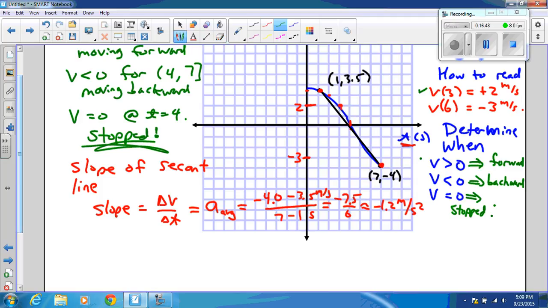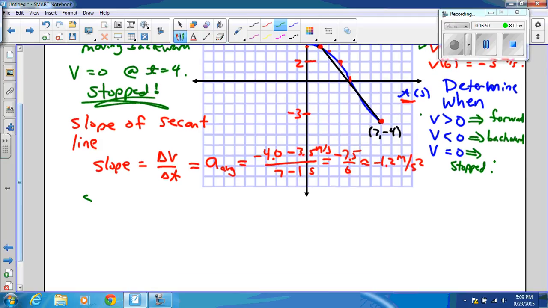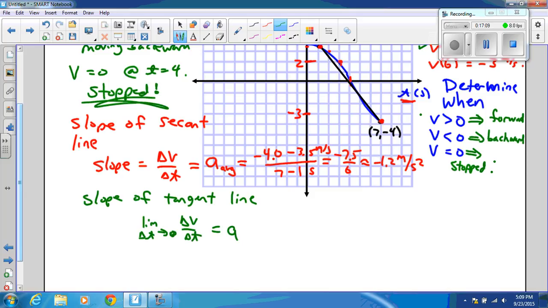What about the slope of a tangent line? Just as we did with our position graph, we're going to say that the tangent line is the same concept as the secant line, except that we are letting delta t go to 0.